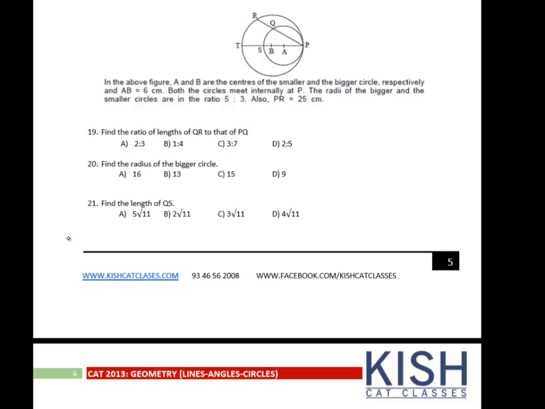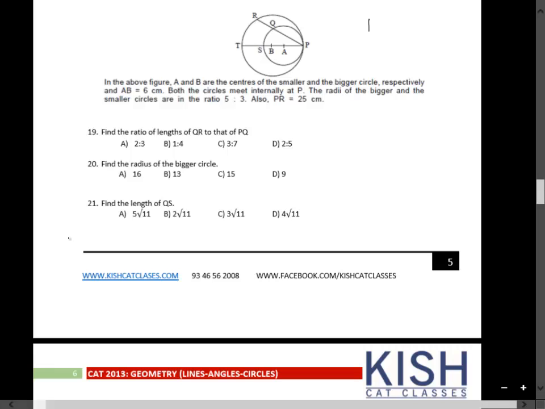So, what is the radius of the bigger circle? BP. What is the radius of the smaller circle? AP. What is the ratio of their radii? That is BP divided by AP. They are in the ratio 5:3, so 5/3. However, you know the BA length actually.